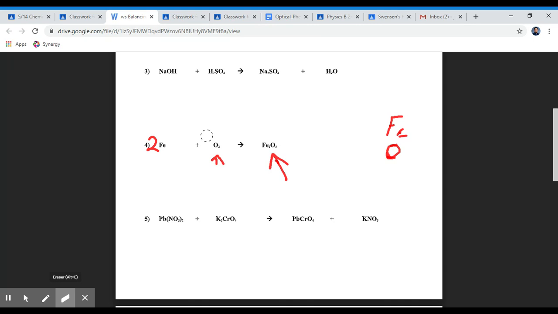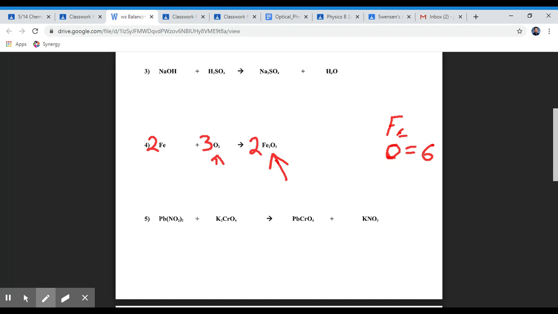If I can get both of those oxygens to add up to 6, in order to do that, I would have to put a 3 out front here, and I would have to put a 2 out front here. Now I have a grand total of 6 oxygens. But now we ran into one more issue.